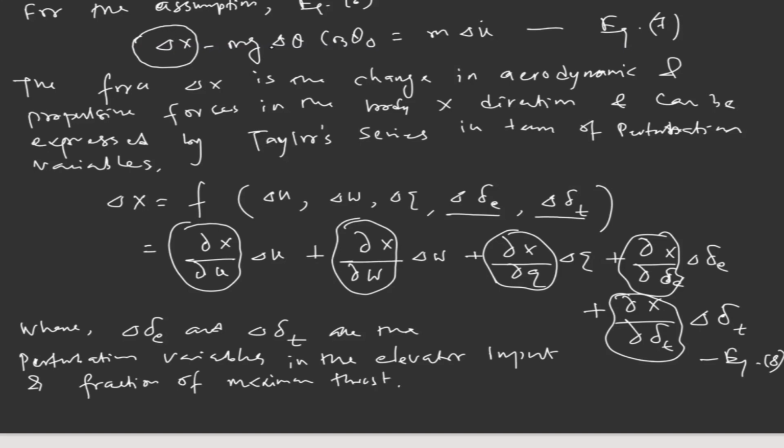Here I should note down that delta e is the elevator deflection. This causes the body to deflect from the reference point to a different point.